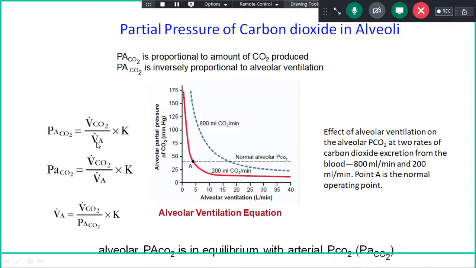So this relation can be given in the alveolar ventilation equation, where alveolar partial pressure of CO2 is directly proportional to VCO2, the amount produced in the body by metabolism, which is to be excreted, and inversely proportional to alveolar ventilation, because with each alveolar ventilation it is being washed out and the levels in the alveoli decrease. We can rearrange this to show that alveolar ventilation can be given as VCO2 divided by PaCO2.